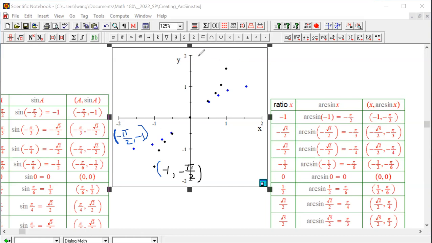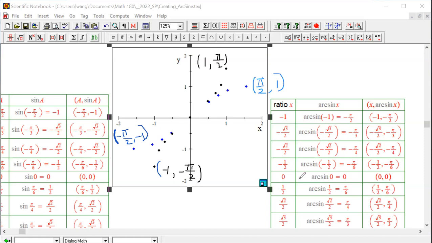So I'm going to mark this point as 1, comma, pi over 2. And this blue dot is pi over 2, comma, 1. I would like you to try to mark all these other points.